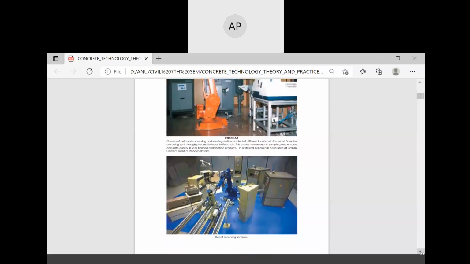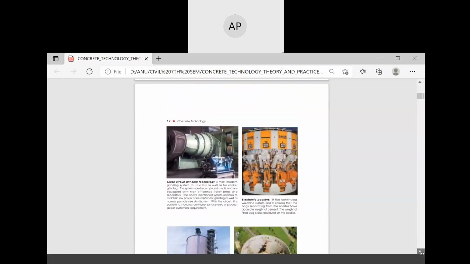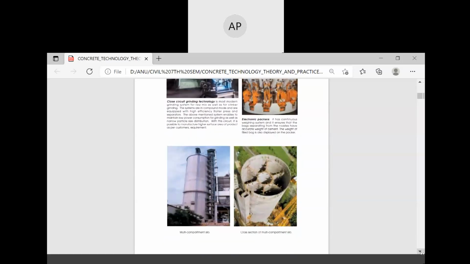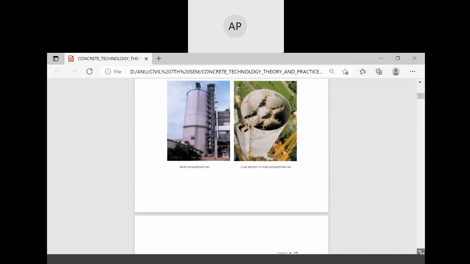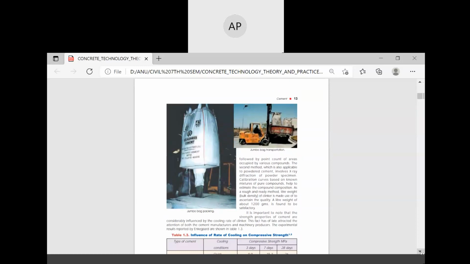Robot receiving samples and jumbo bag packaging. Packaging is done after the final stage.